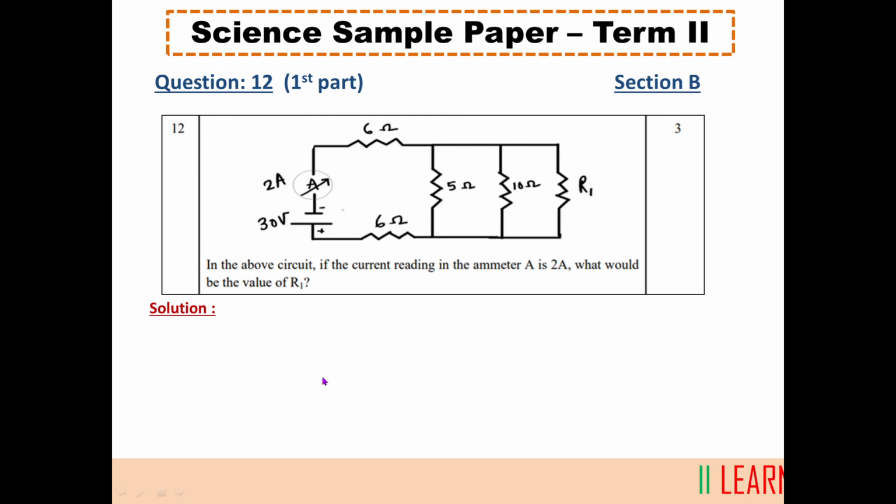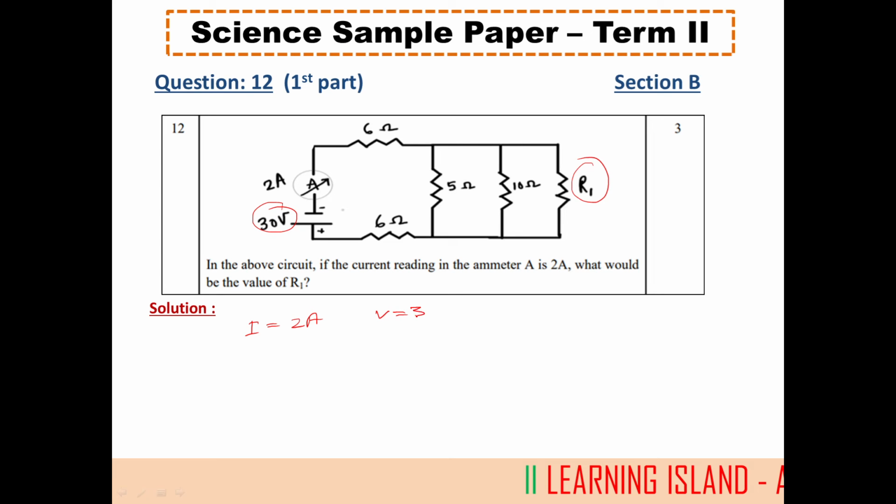So this is question number 12. Here you see a circuit is given. In the above circuit, if the current reading in the ammeter is 2 ampere, what would be the resistance R1? So I have to find R1. Here you see the voltage given is V, which is 30 volts.